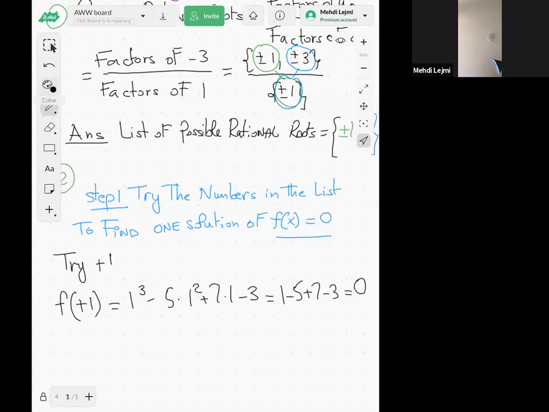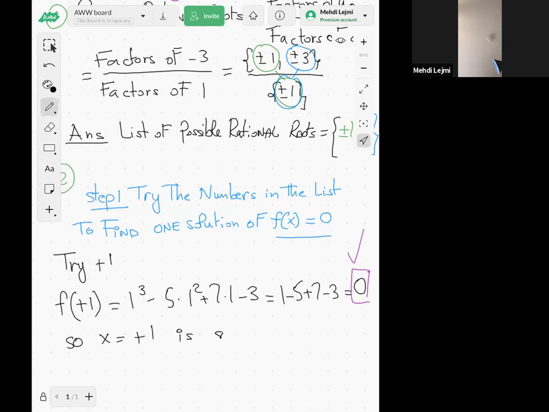You see here, guys, if you get 0, then you can stop. So x equal to positive 1 is a solution.